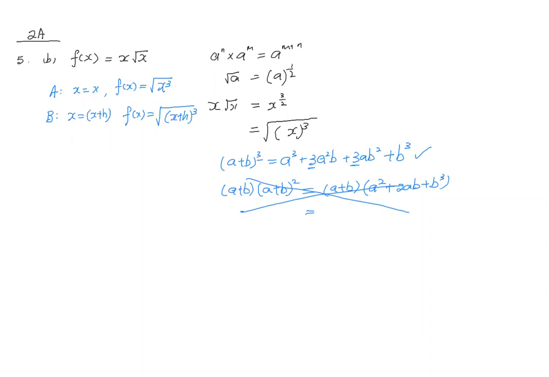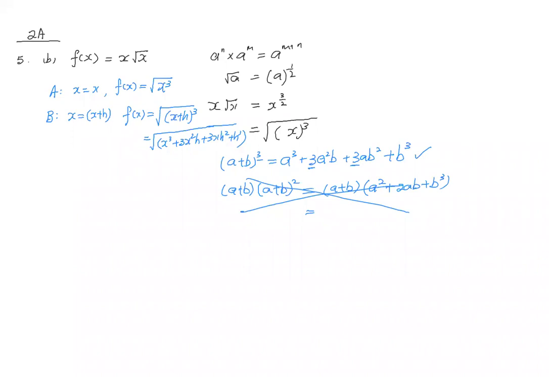So this one, I will straight away write this as square root of, I always put in brackets, (x cubed plus 3x squared h plus 3x h squared plus h cubed). Why do I say square root? Because after that you have to use your conjugate.